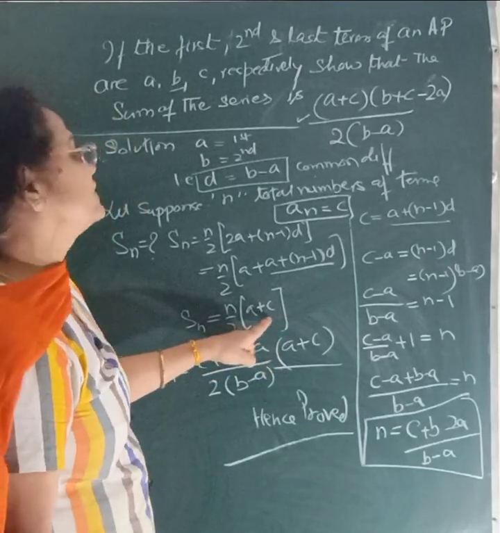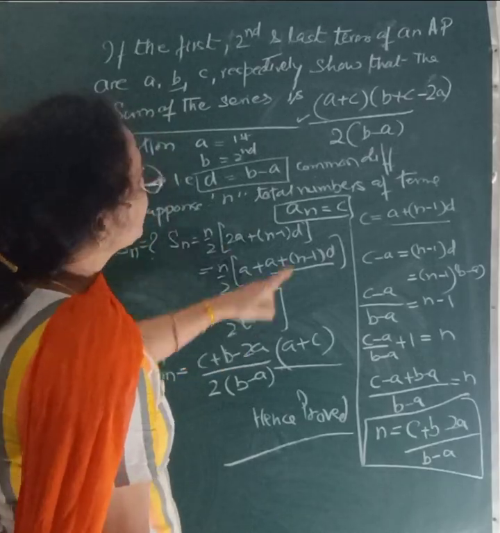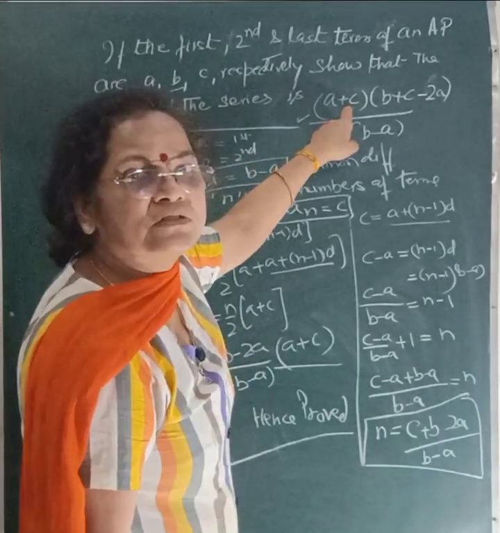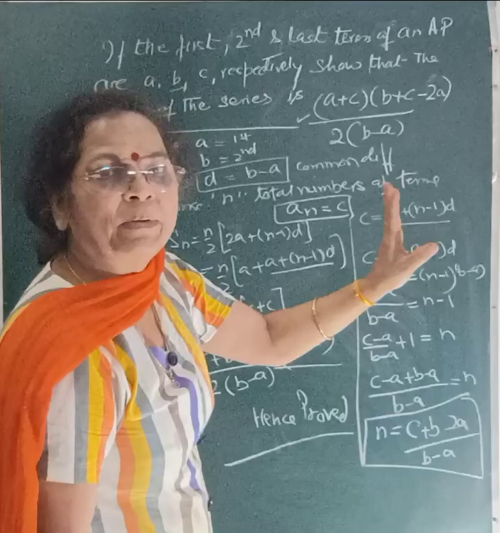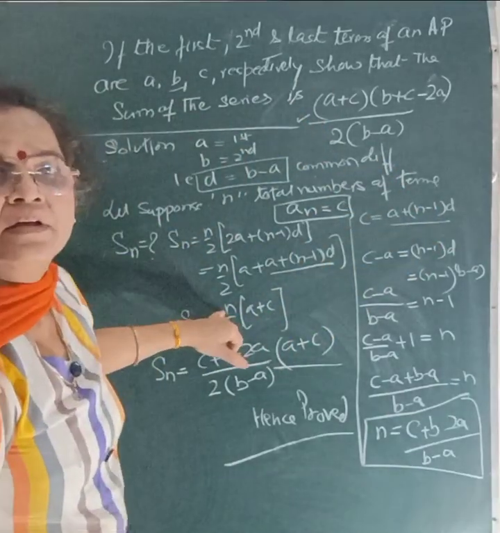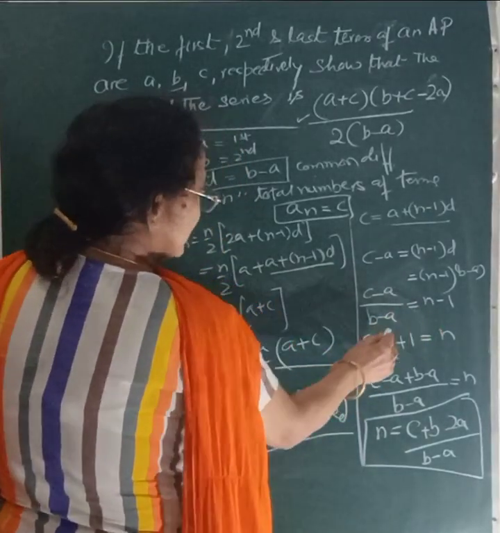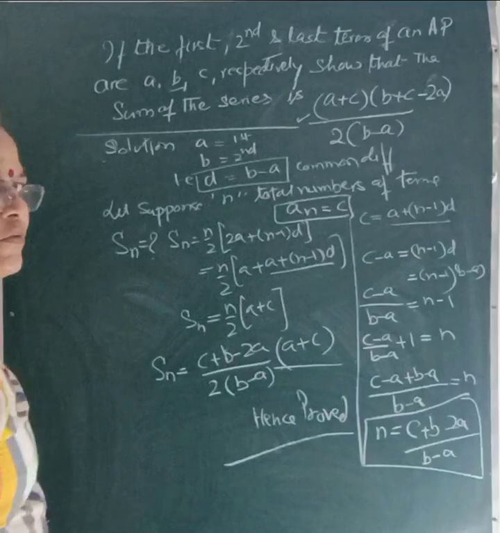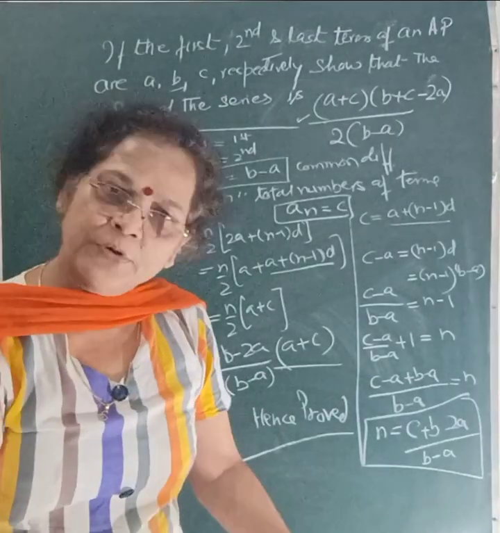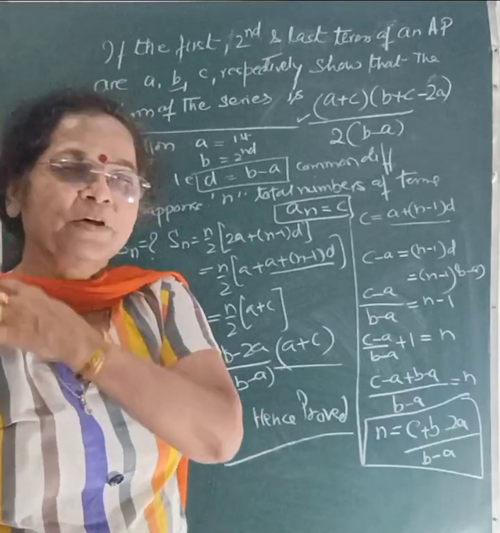Last term is c, we are given, so c is in the formula and c is not to be replaced. क्योंकि हमें c तो लानी है, इसको replace नहीं करेंगे. We have to simply replace n. So from here the value of n is calculated and this is to be substituted over here. सब कुछ आ जाएगा.